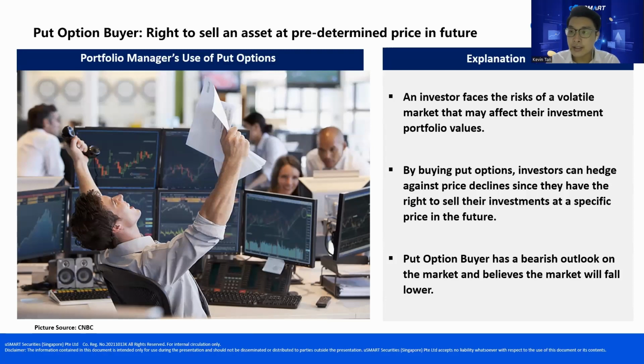You are fearful that the market may decline in the near term, so you would like to use put options or derivatives to hedge against a price decline. This is effective because you now have the right to sell investments at a specific date in the future. Generally, put option buyers have a bearish outlook on the market and believe that the market will fall lower.